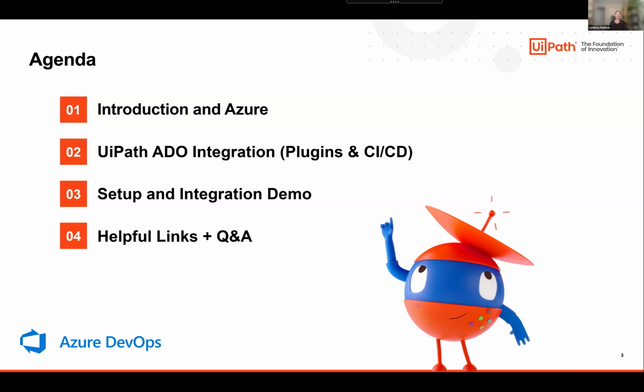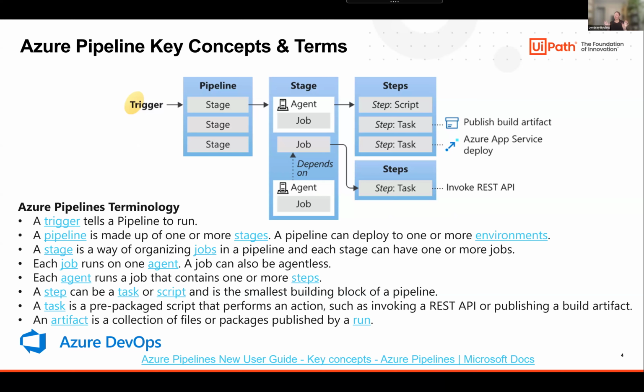Okay. So with this, I know a lot of you will know what Azure and Azure DevOps and Azure Pipelines are, but for those of you that just need a little reminder of the different components, a trigger tells a pipeline to run. Really, one thing when we talk about CI/CD is when is it going to trigger? What is going to be the intent?